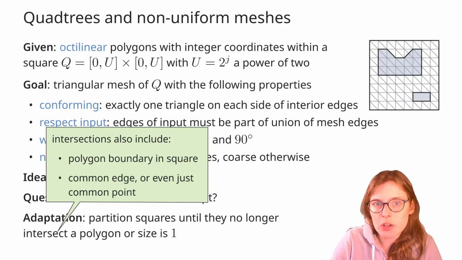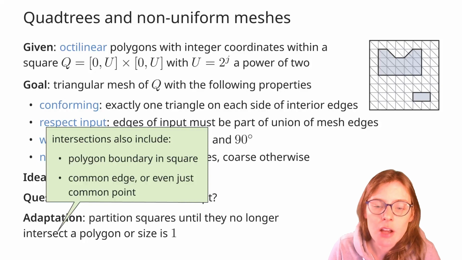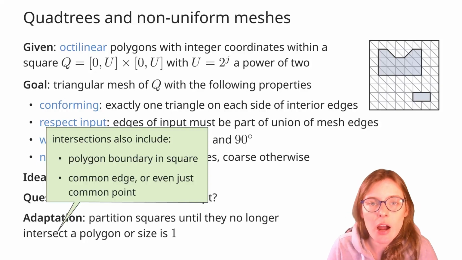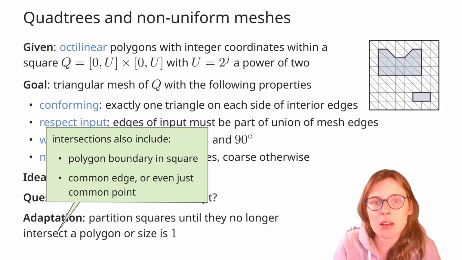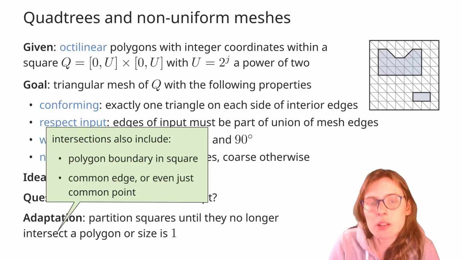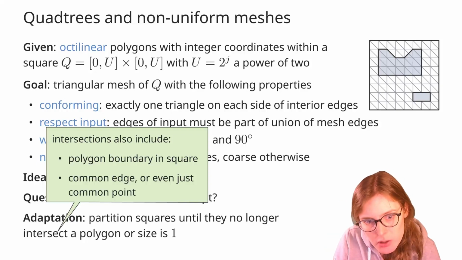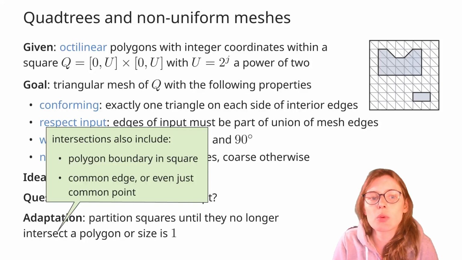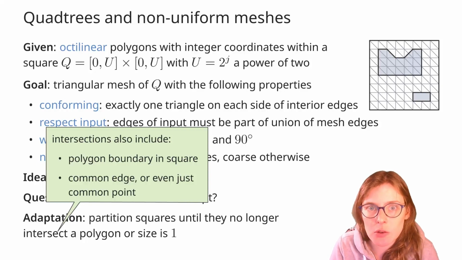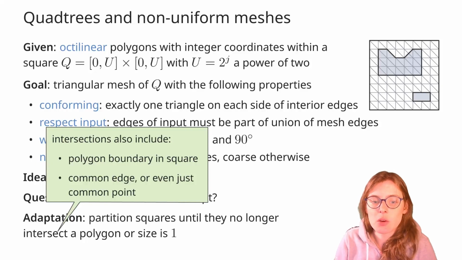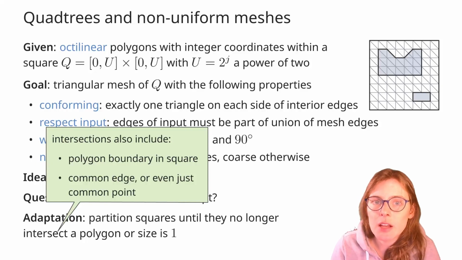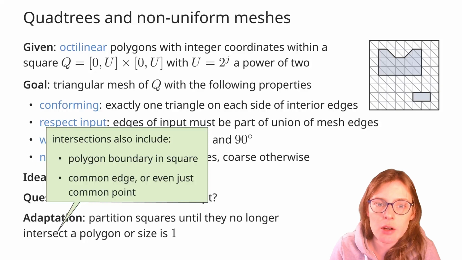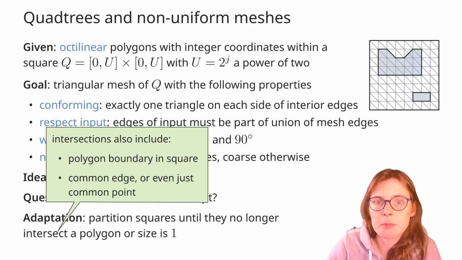When we reach squares of small size, the polygons, because they are octilinear, can intersect a square either going along the diagonal in the interior, or they can have a common edge with the square, or even a common point. For all of these squares, we will say that the polygons intersect those squares. So a square will be empty if none of the points of the square belong to the polygons.